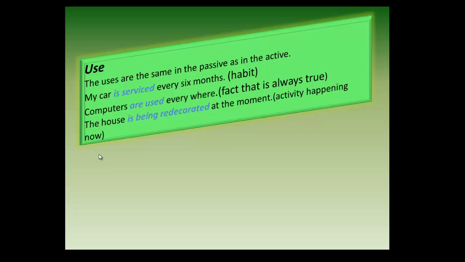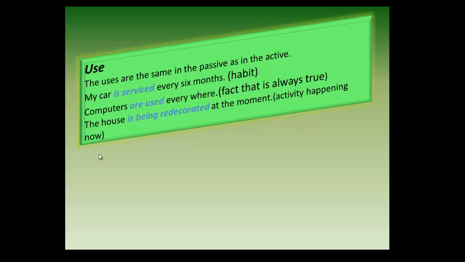We have to put the sentence in present continuous passive. The house is being redecorated at the moment. Here we talk about an activity that is happening now. As a conclusion, the uses are the same in the passive as in the active.